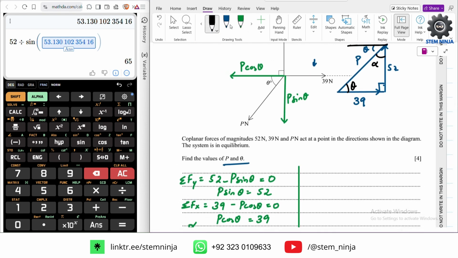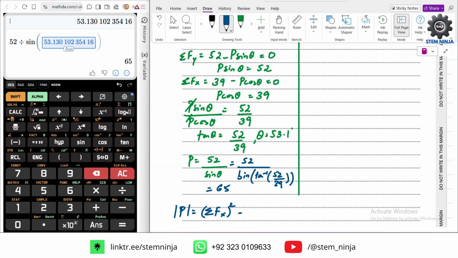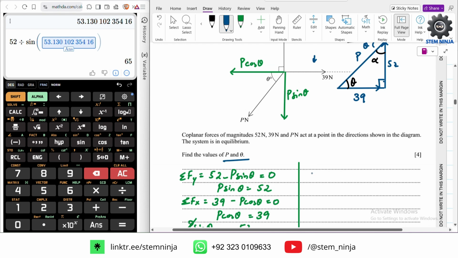So since this is Pythagoras' theorem, actually we could have found p using Pythagoras also. So sum of forces in x whole squared plus sum of forces in y whole squared also, because we had actually summed up both of them. And anyways, you can see over here that you were getting the same thing.